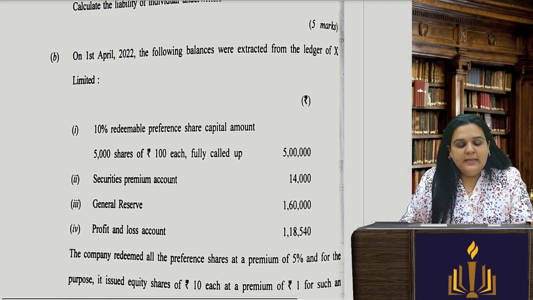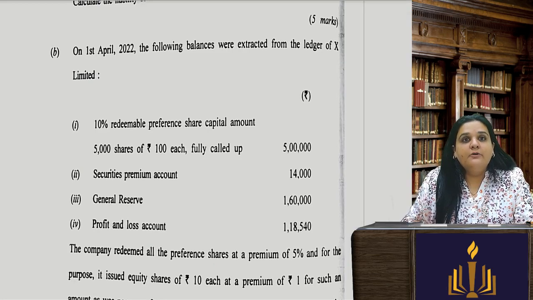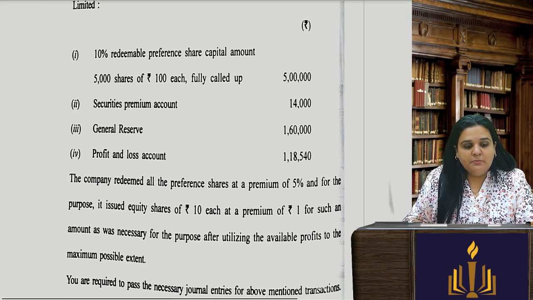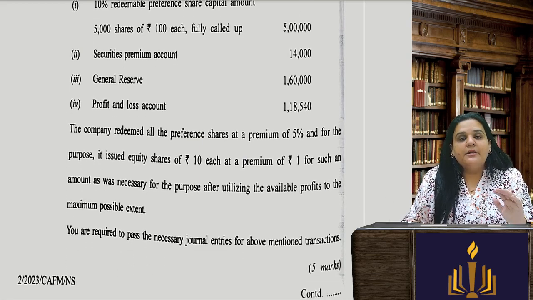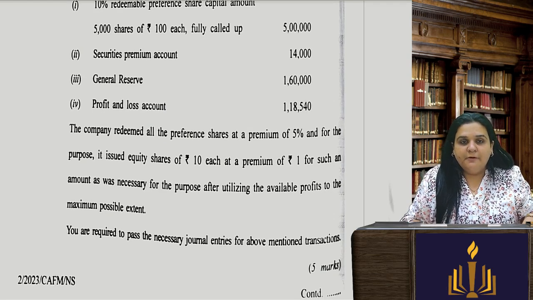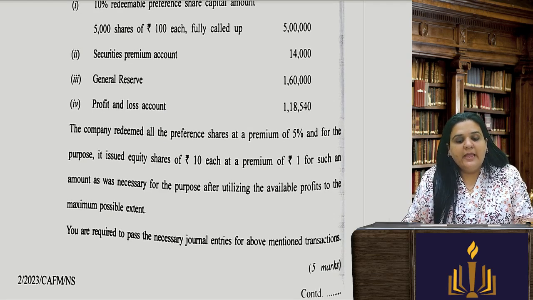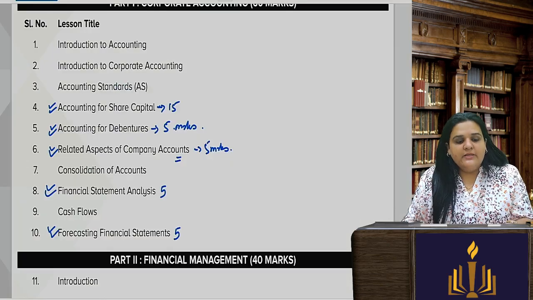Next, they have given us a balance sheet, okay, in which they have mentioned about the preference shares, securities premium account, general reserve, profit and loss, and they have told us about redeeming the preference shares, okay, after utilizing available profits to the maximum possible extent, and we have to journalize these transactions again for 5 marks. Again a practical question.